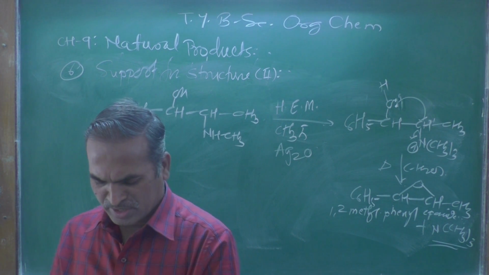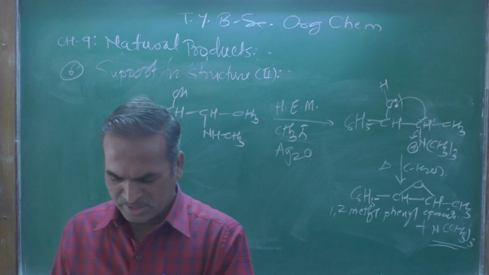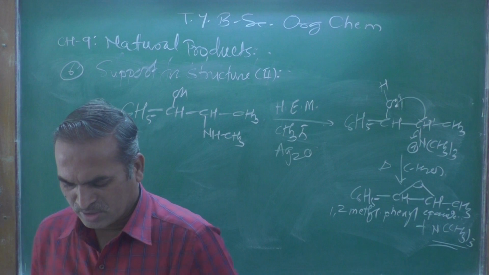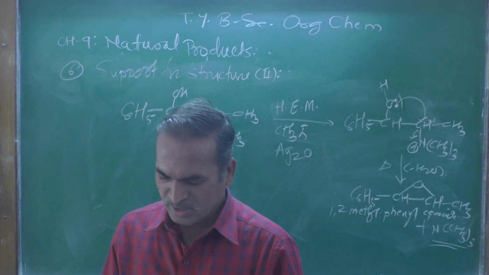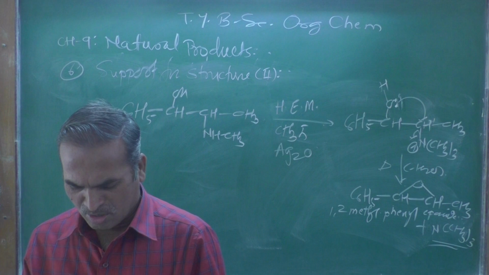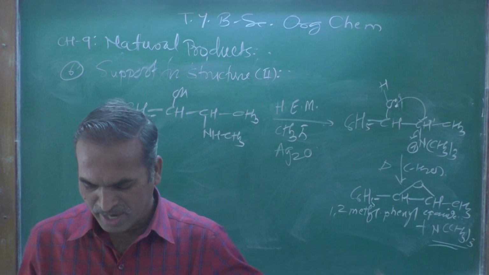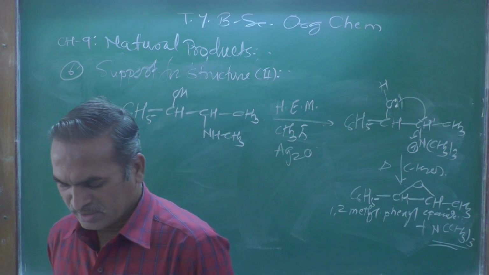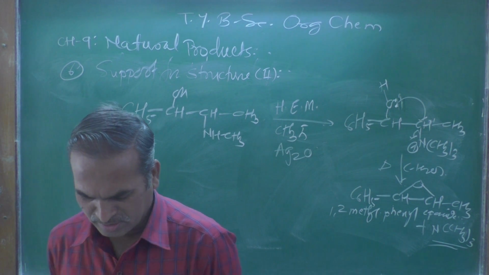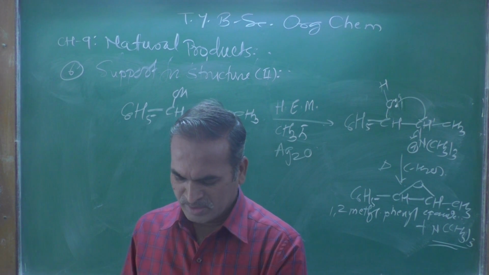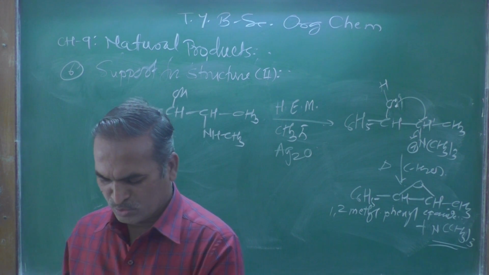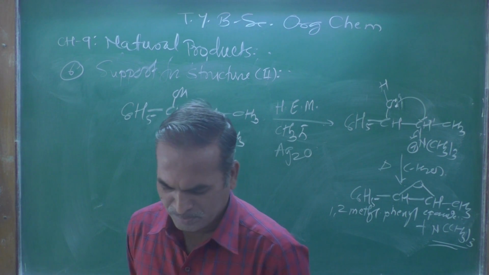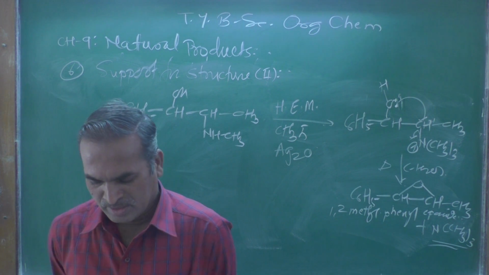Structure first contains only one chiral center. The replacement of OH group in structure first by hydrogen forms an optically inactive compound. On the other hand, structure second contains two chiral centers, asymmetric carbon atoms. The replacement of OH group in structure second by H yields an optically active compound.